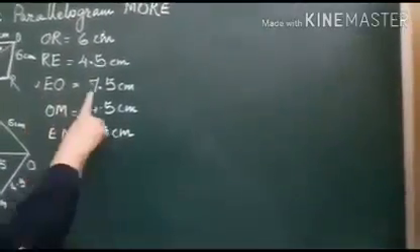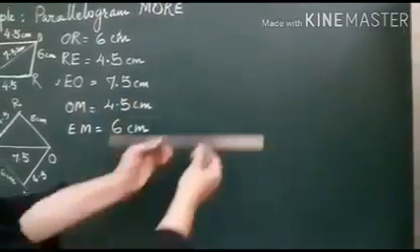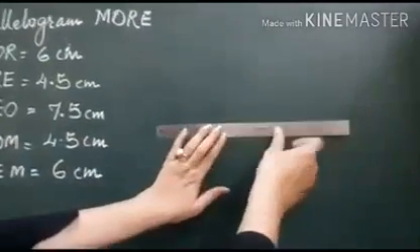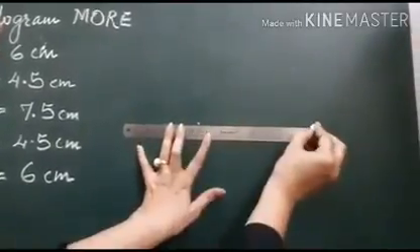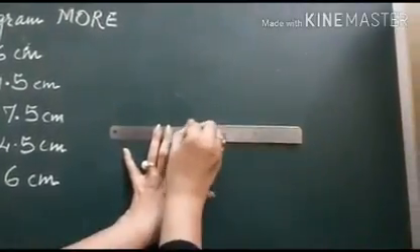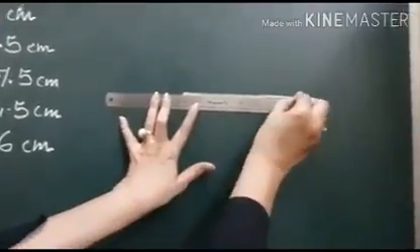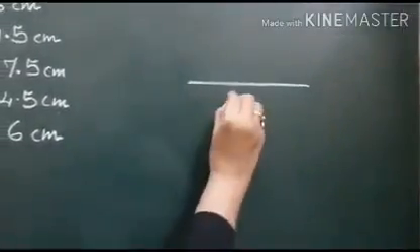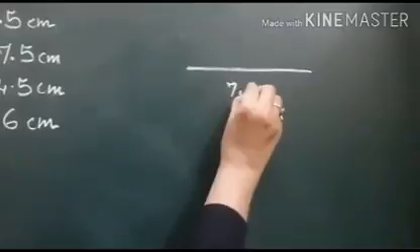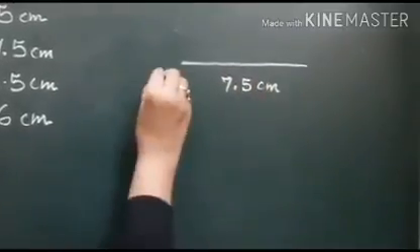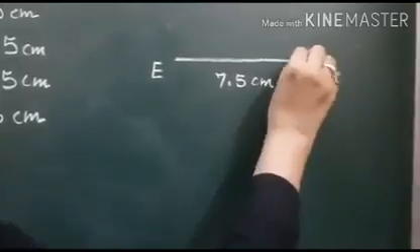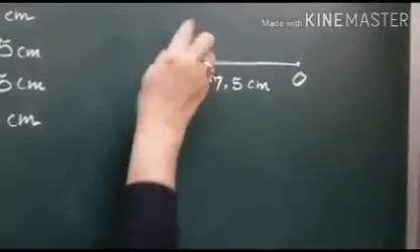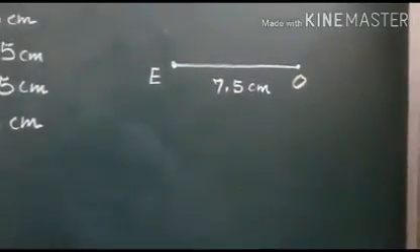So first we will draw EO 7.5 centimeter with the help of a scale. So this is from 0 to 7.5. Draw a straight line. This is your EO 7.5. Remember, you will draw in centimeter. E and O, don't forget to name them, because you have to draw from E 2 more lines and from O also.